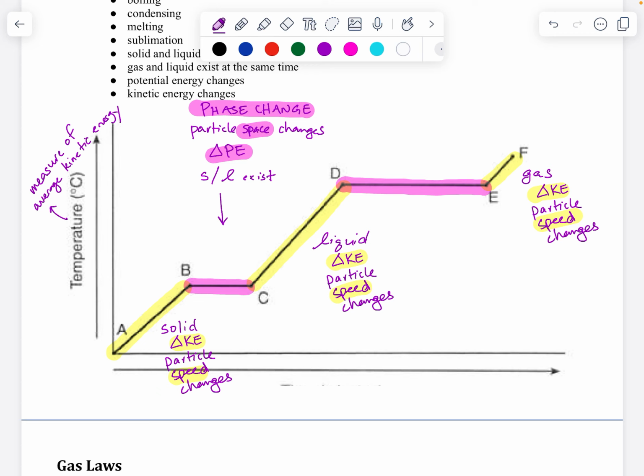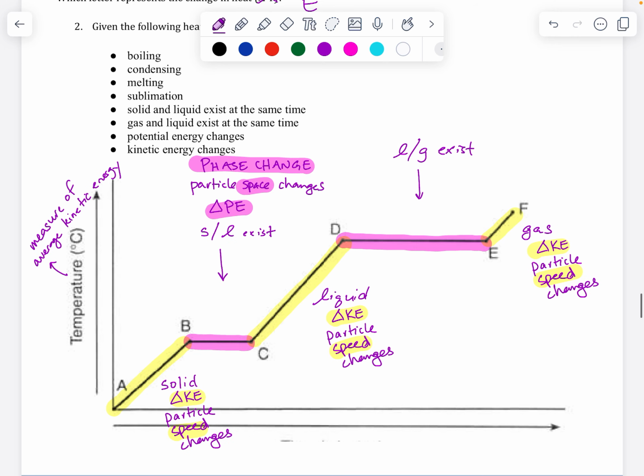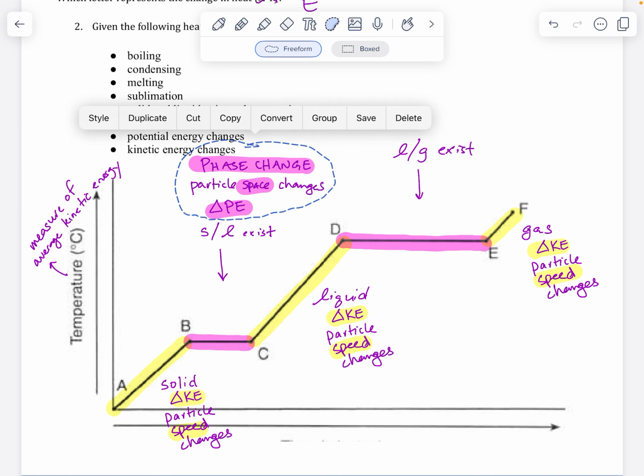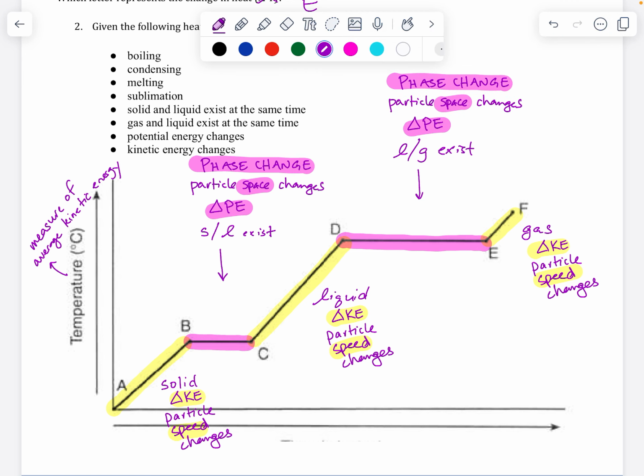And then of course at this point it's fairly similar, where now there's liquid and gas existing at the same time, because at that point the heat energy that we're adding is causing the potential energy to change, not the kinetic. And that means that the spacing will change between those.